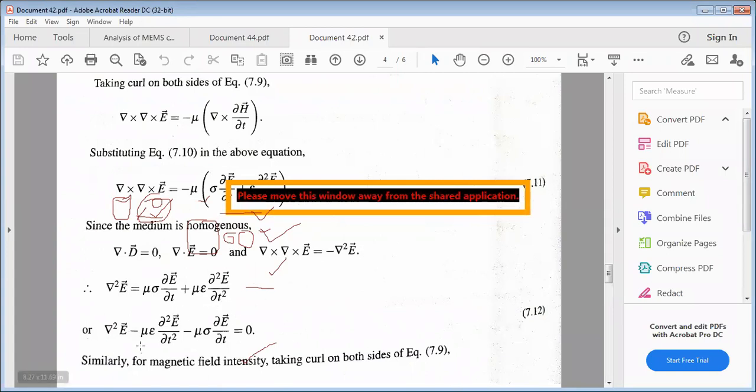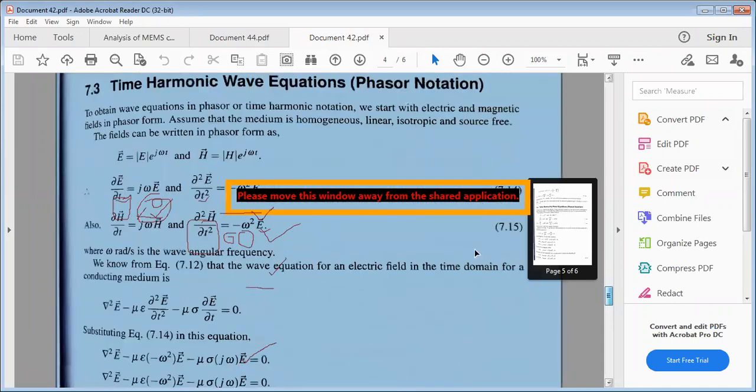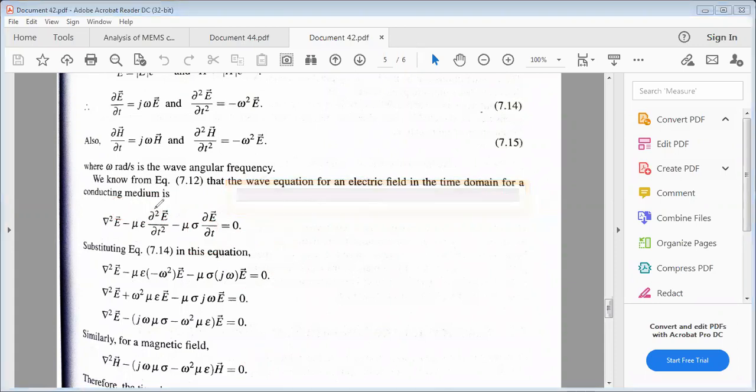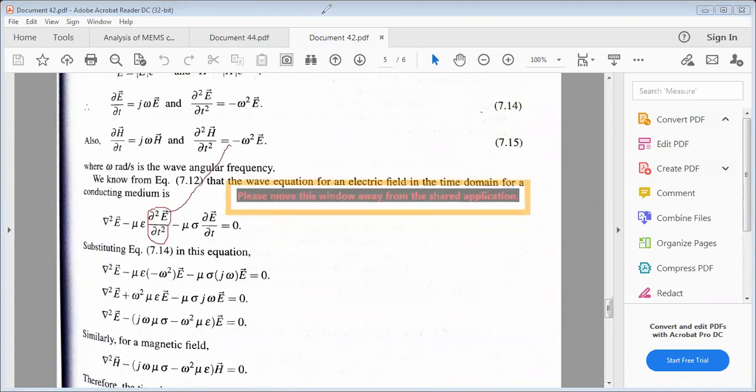Now it is represented with 0, the same expression, but here I am simply replacing dou square E by dou t square. Can I replace this term with minus omega square E? Yes.